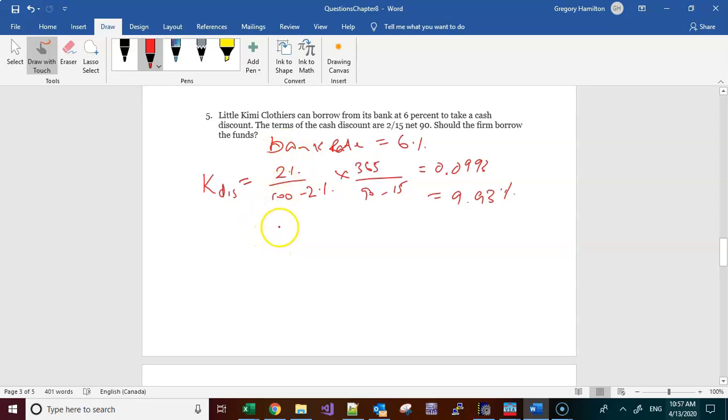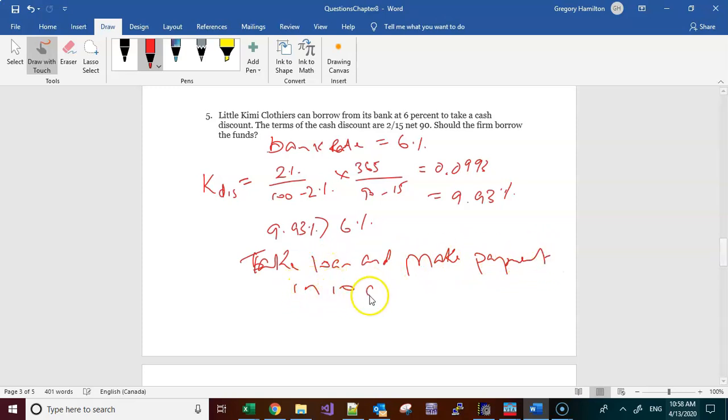The cost of not taking the discount, 9.93%, is greater than 6% if he borrows the money from the bank. So he should borrow money from the bank, take the loan, and make payment in 10 days.